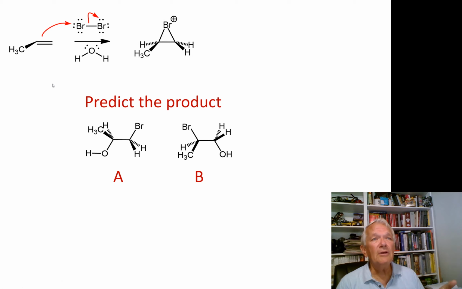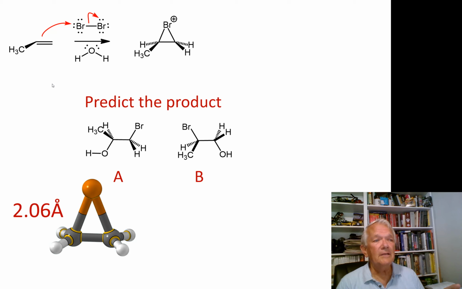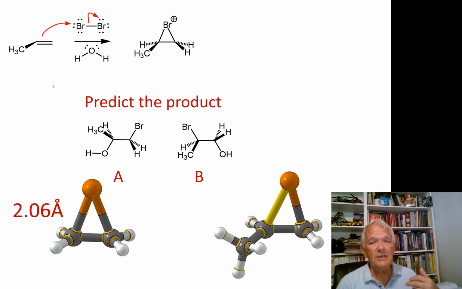But now if we look at that bromonium ion and look at the calculated structure, these structures come from a quantum mechanical calculation. What you'll see here is that it's no longer an isosceles triangle, in that one bond is distinctly shorter than the other. And that's a fairly significant difference, which means this bond is stronger, this bond is weaker. That means that this bond over here will have the lower lying antibonding orbital.